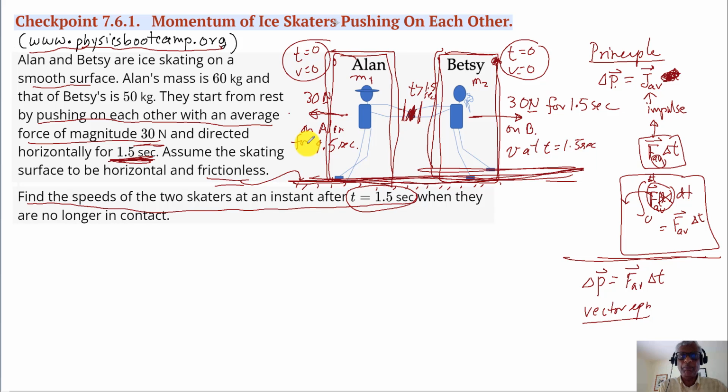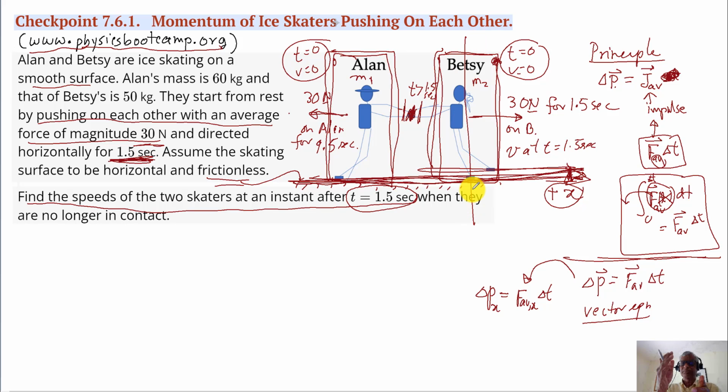I'm going to pick this direction to be the positive x-axis, arbitrarily. So anything on the other side will be negative. Everything we're going to analyze here is the x component, F average x delta t. I'm not going to worry about the y direction. In the y direction, weight is balanced by the normal, and there's nothing interesting going on there.